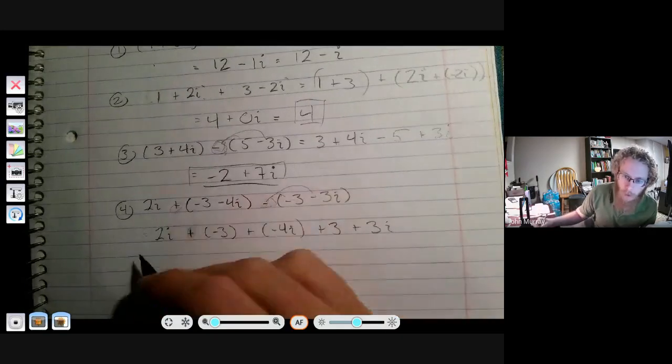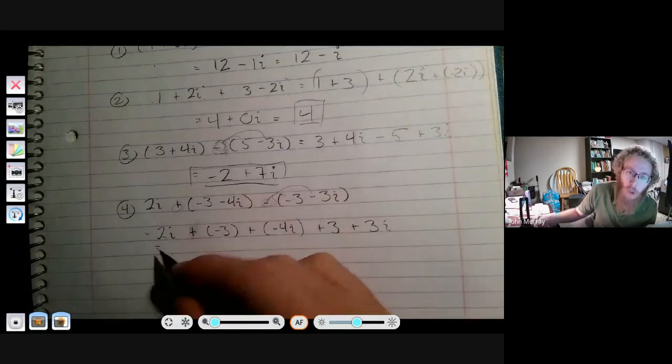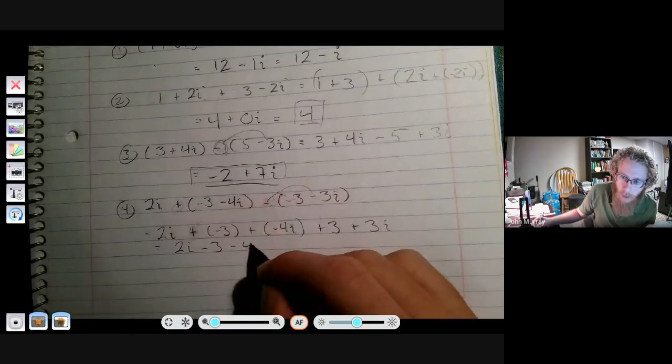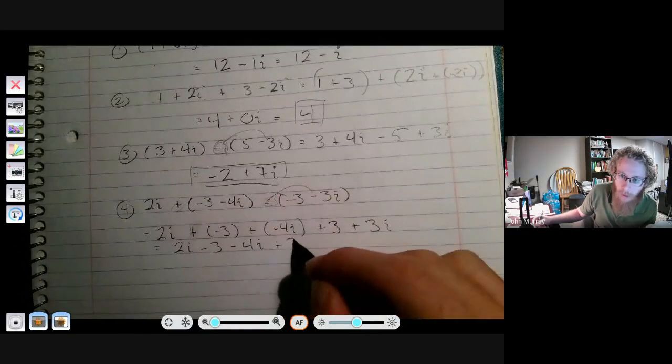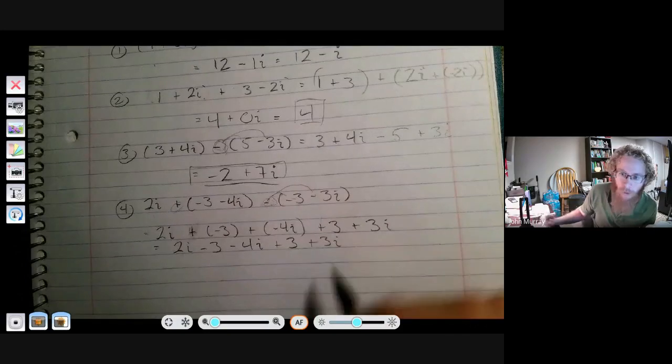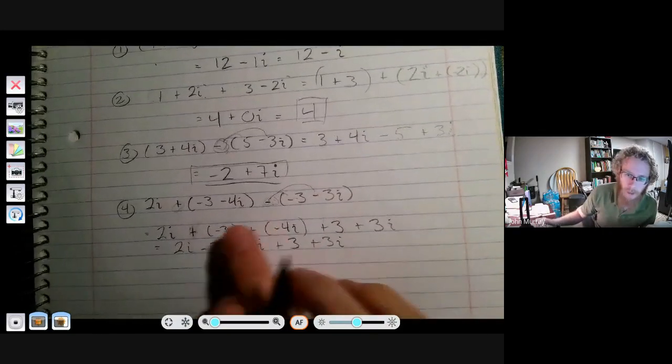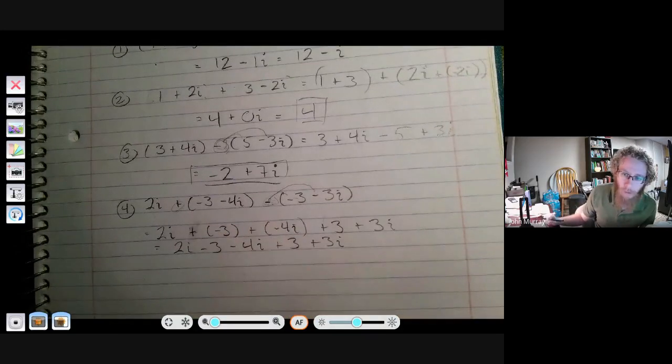So this part you don't have to write, but this could be rewritten as 2i minus 3 minus 4i plus 3 plus 3i. Both of those are equivalent. Here, like I said, I just isolated the negatives.